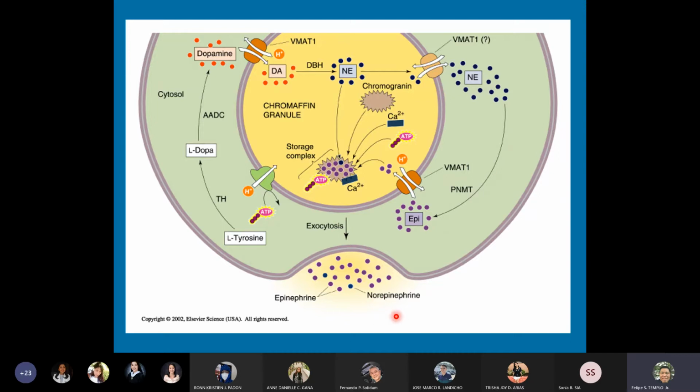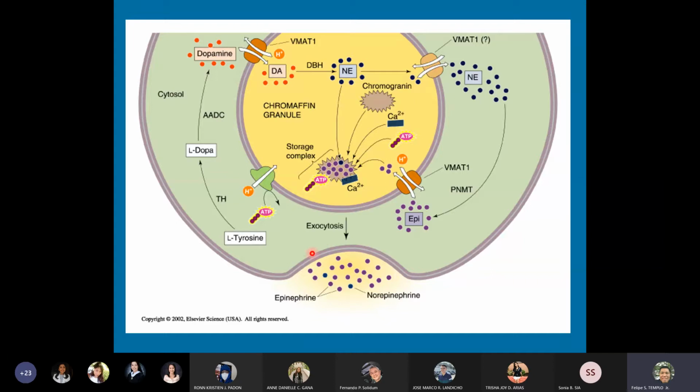Although both epinephrine and norepinephrine are involved during the fight or flight reaction, the majority is from epinephrine. And if you don't need that, if the fight or flight reaction is over, some epinephrine will be reuptaken again into the cells for future release.